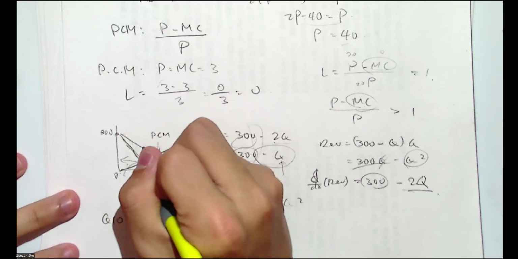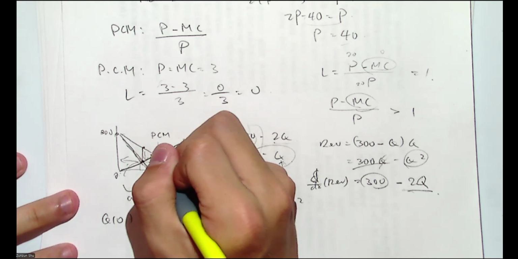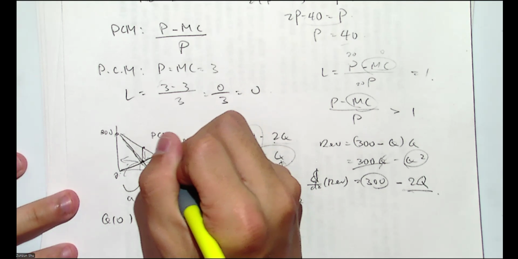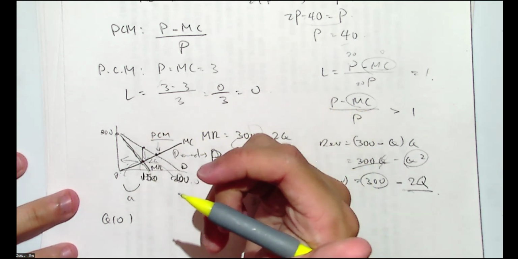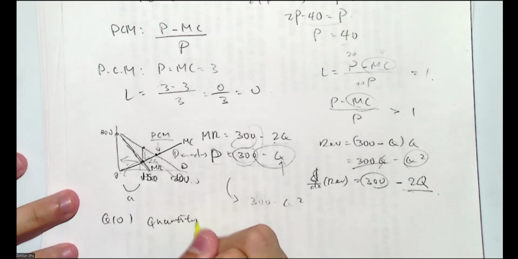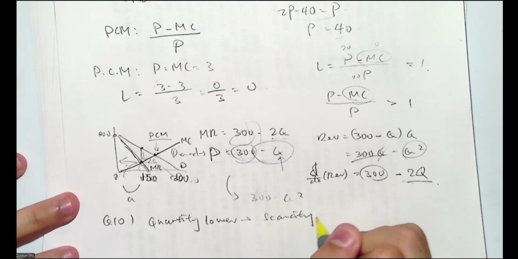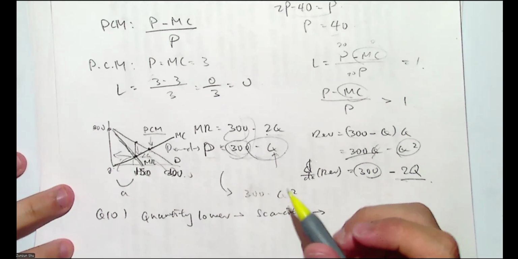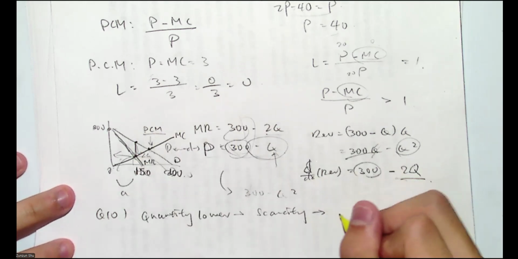MR combined with MC, you get an intersection here that gives you whatever quantity. That quantity, however, is clearly lower than your PCM's. And it is precisely because your quantity is lower that creates scarcity, which allows you to charge a higher price according to the demand curve.